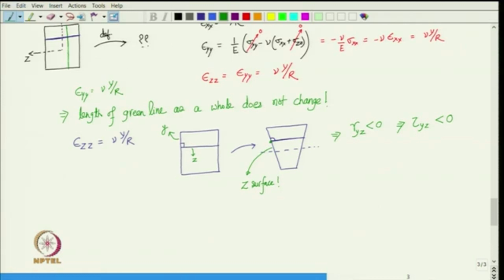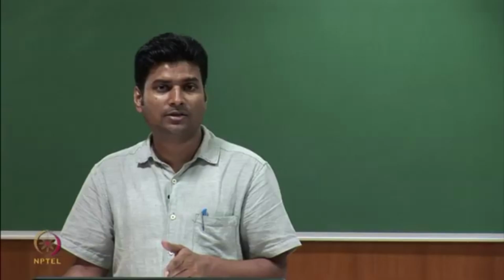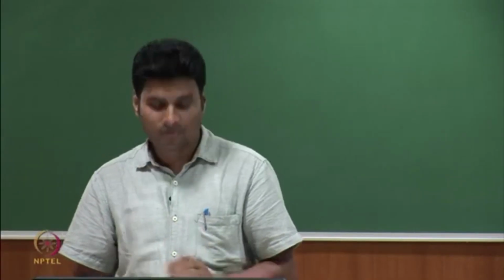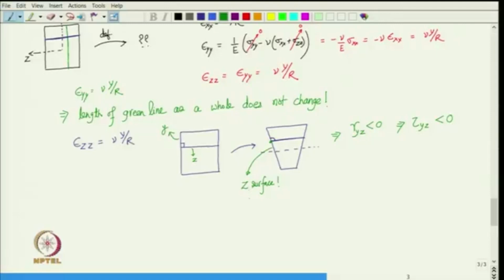So, the Z surface is also free, that means all the traction components on the Z surface have to be 0. So, it is a free surface, which implies all traction components on Z plane will be 0.